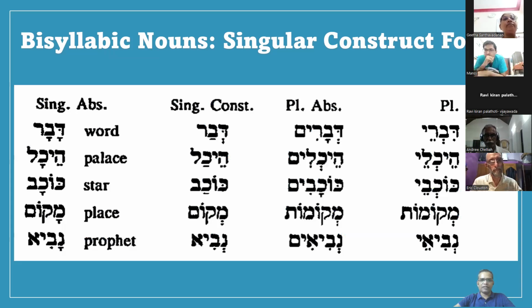So, bisyllabic singular nouns, first syllable open, second syllable closed: the first syllable's long vowel will be reduced to simple vocal Shiva, and the second syllable's long vowel will be reduced to short vowel pata in this case. If any of the syllables are carrying an unchangeably long vowel, the unchangeably long vowel will remain as it is.